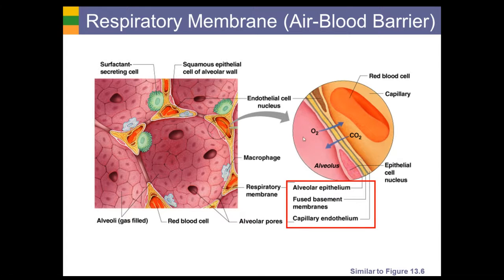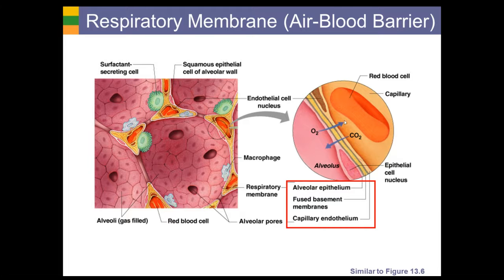And if we were to magnify this, what you would see is that the respiratory membrane is basically composed of a squamous epithelial cell that makes up the wall of the capillary and a squamous epithelial cell that makes up the wall of the alveolus. If you remember, when we looked at simple squamous epithelial tissue in lab, what were we looking at? We were looking at lung tissue.